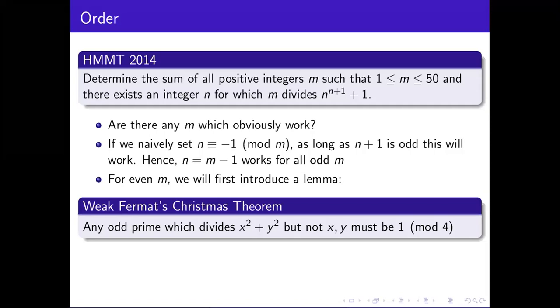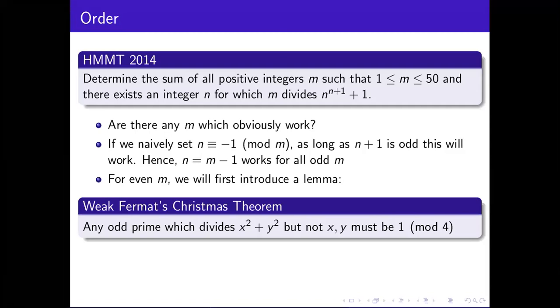The other direction is much harder and states that any number which is divisible only by odd primes 1 mod 4 and squares of primes 3 mod 4 can be written in the form x squared plus y squared. So it's an if and only if.